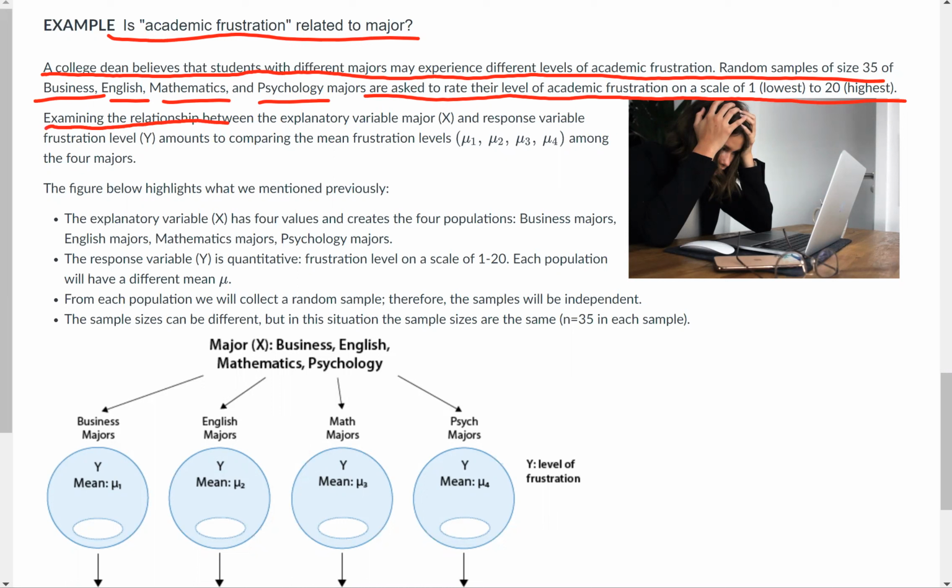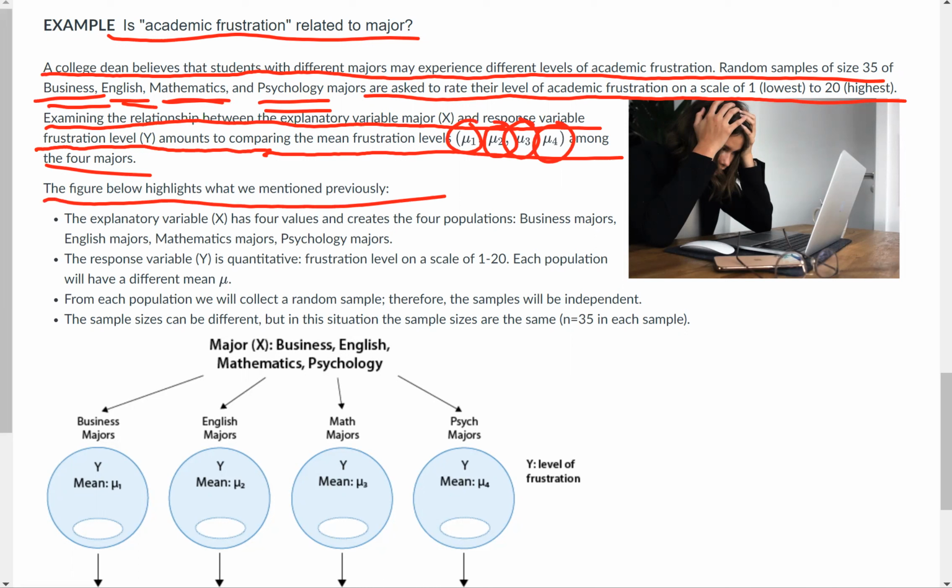Examining the relationship between the explanatory variable major X, which is categorical, and the response variable frustration level Y, which is a number, so it's quantitative, amounts to comparing the mean frustration levels. There are 4 populations here because those are the 4 majors: business, English, math, psychology. So there's the mean frustration level mu1 from the first population, mu2 from the second, mu3 from the third, and mu4 from the fourth.